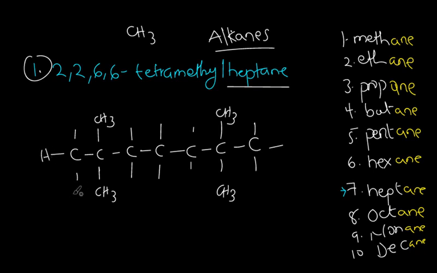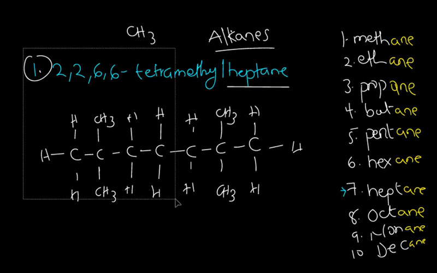So we just add hydrogens to all the other sides, and then bam, we have the structure of 2,2,6,6-tetramethylheptane. Let's have a look at one final example, and then we call it a tutorial.